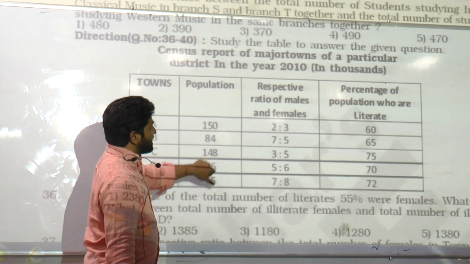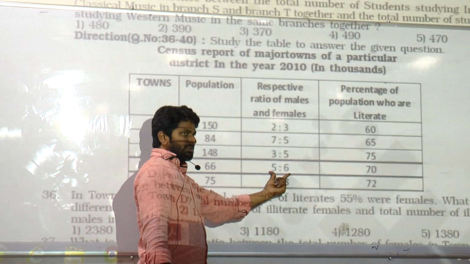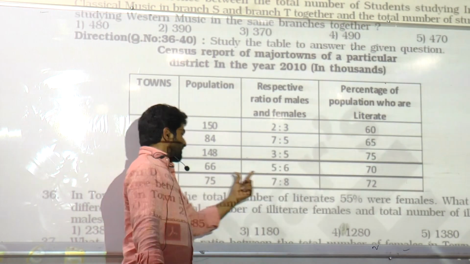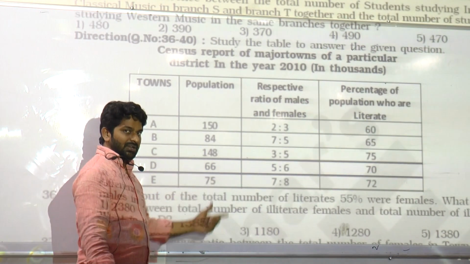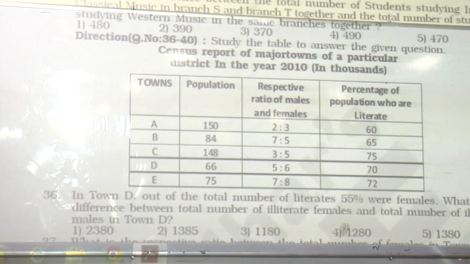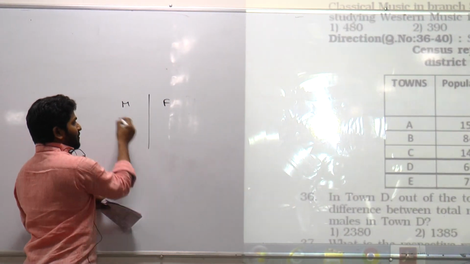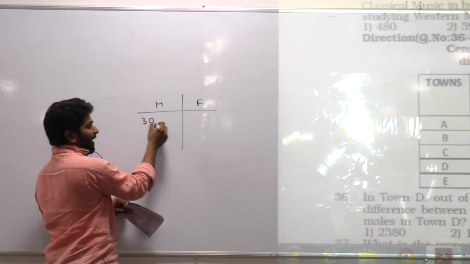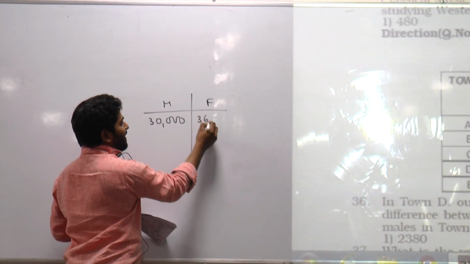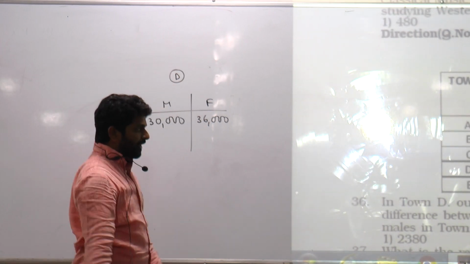Out of this, the ratio between male and female is given as 5:6. Total 11 parts is equal to 66,000. 1 part is 6,000. 5 parts in the sense 30,000. So the total number of males are 30,000 and females are 36,000. This is with respect to town D.